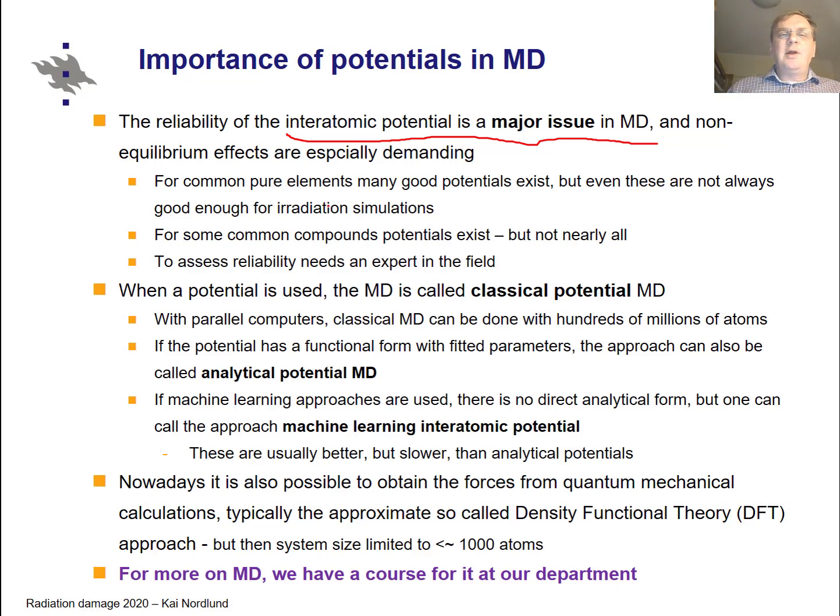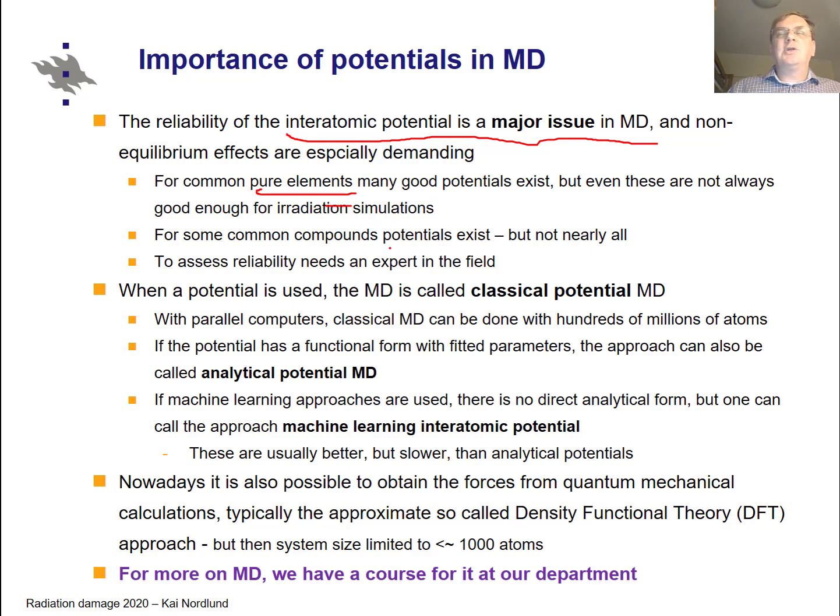But fortunately, people have been doing this since the 1960s systematically, and by now, for almost all pure elements, at least pure elements of any practical use, like silicon, germanium, carbon, copper, iron, gold, and so on, one finds a potential. Almost all common pure elements have good potentials. Many common compounds have potentials as well.